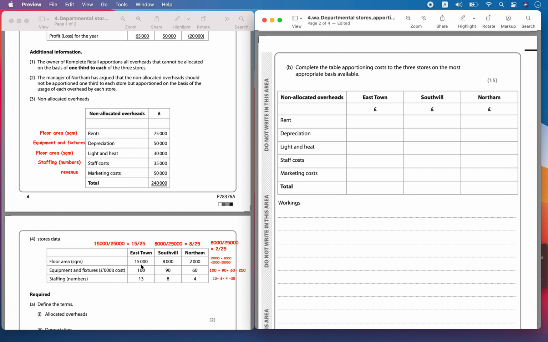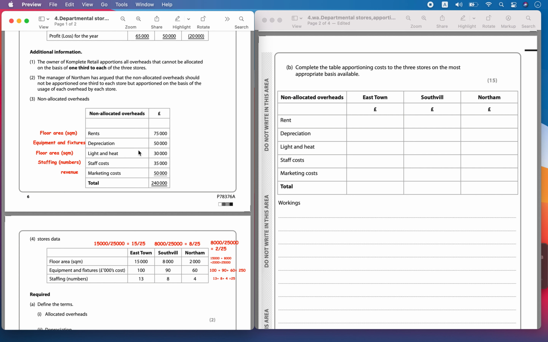First one is the floor area. Each store has 15,000, 8,000 and 2,000 square meters, so the total area is 25,000.